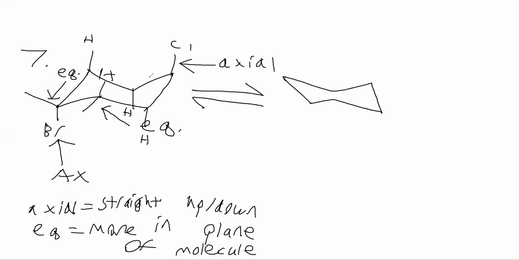Okay, so when I do a ring flip, I guess I'm going to number these carbons up to 4, or I guess 5. Is the chlorine here going to be on carbon 1 still when I do the ring flip? Or is it going to go somewhere else?